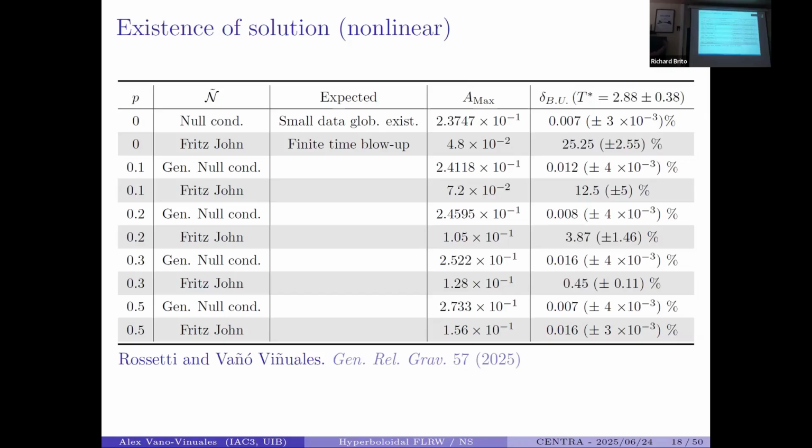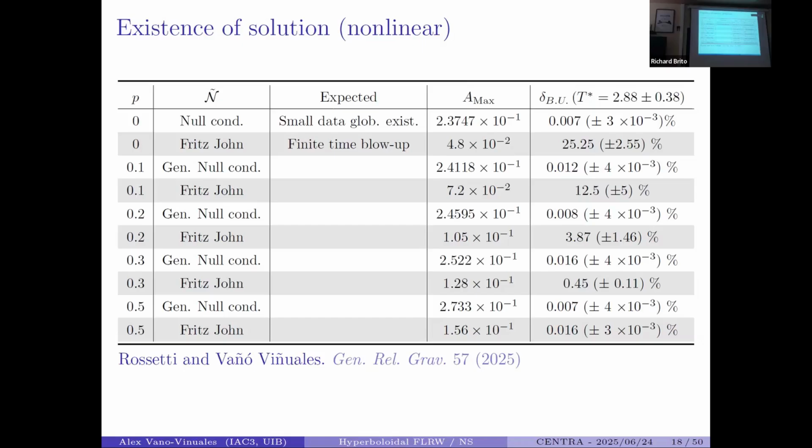The way to read this table is that this value here is the maximum amplitude for the initial data for which we can run up to, I think, t equals 10. We thought it was a late time because the signals were able to reach the outer boundary.